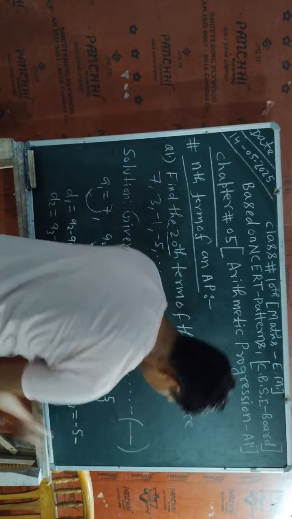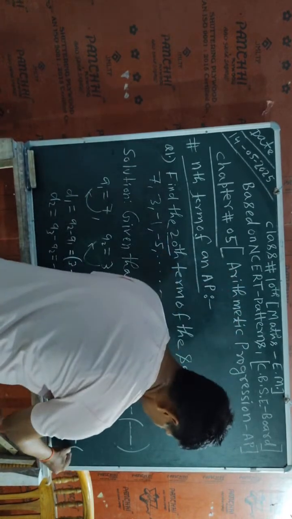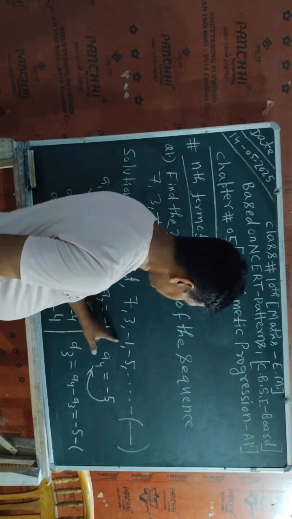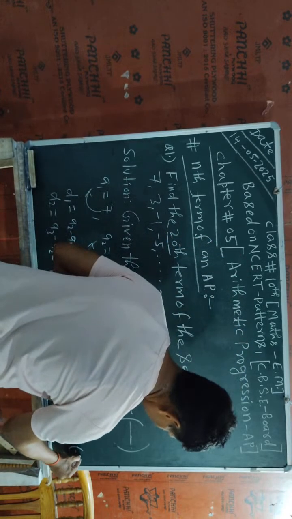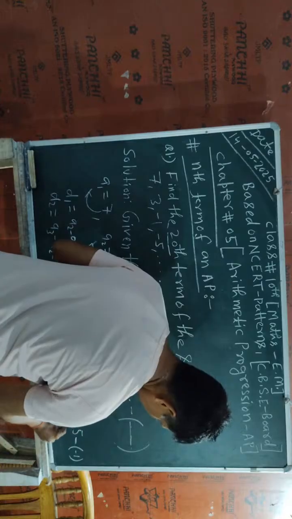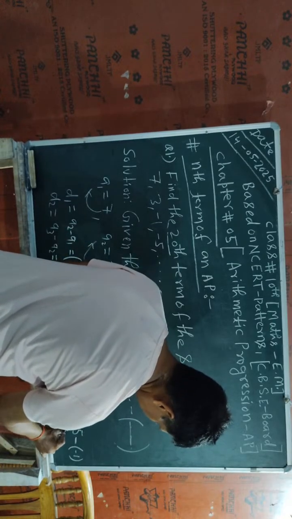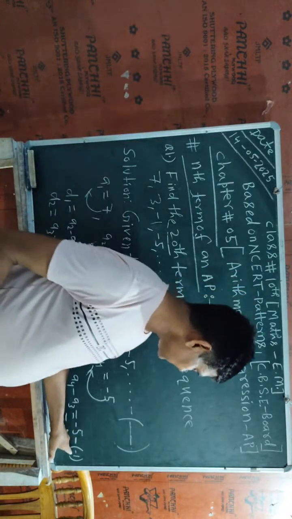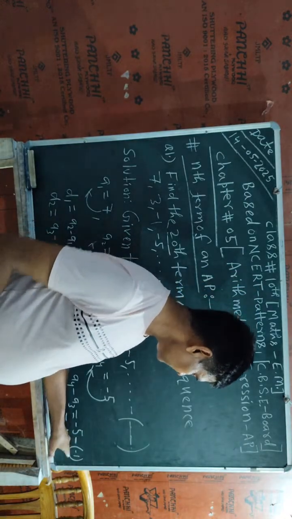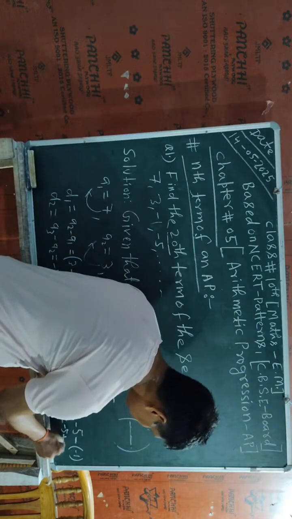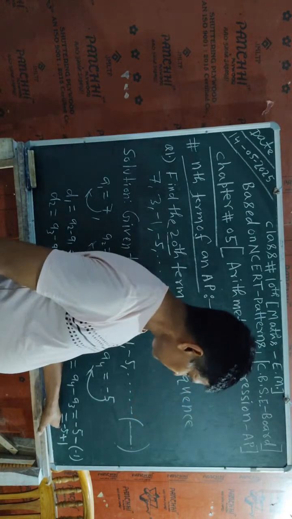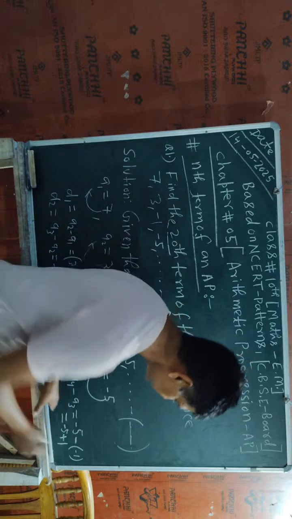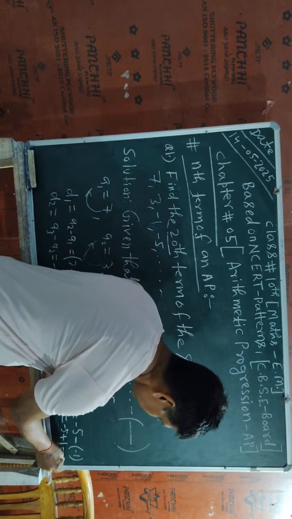In the formula there is a minus, so I will put minus in the bracket. The value of A3 is minus 1, so I will put minus 1 here. Now I will simplify further. I will put minus 5, and here there are two signs, and both signs are minus. The multiplication of these two minuses will be plus. So here I will put plus. So minus 5 plus 4 will be minus 4.